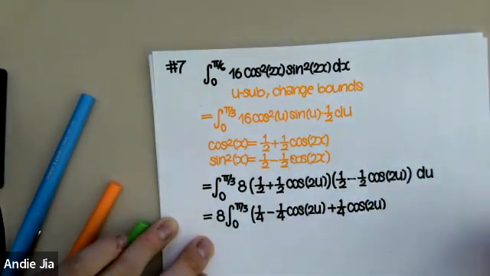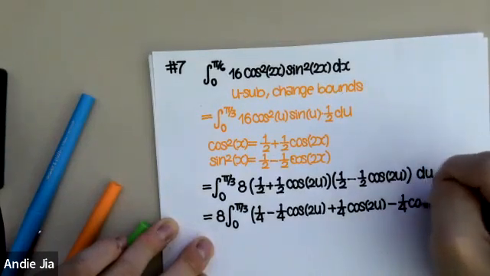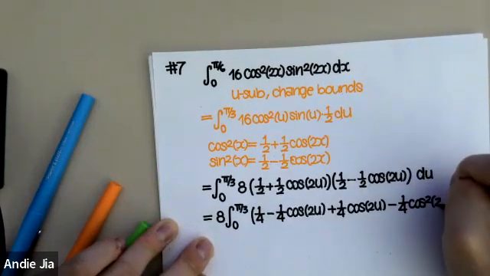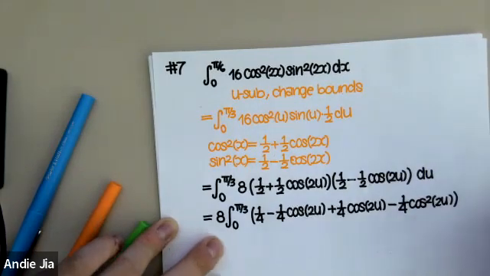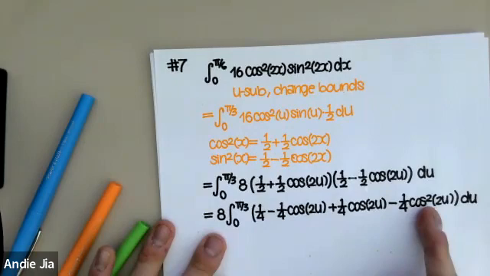Minus 1/4 cosine squared 2u du. You could notice this applies here again.